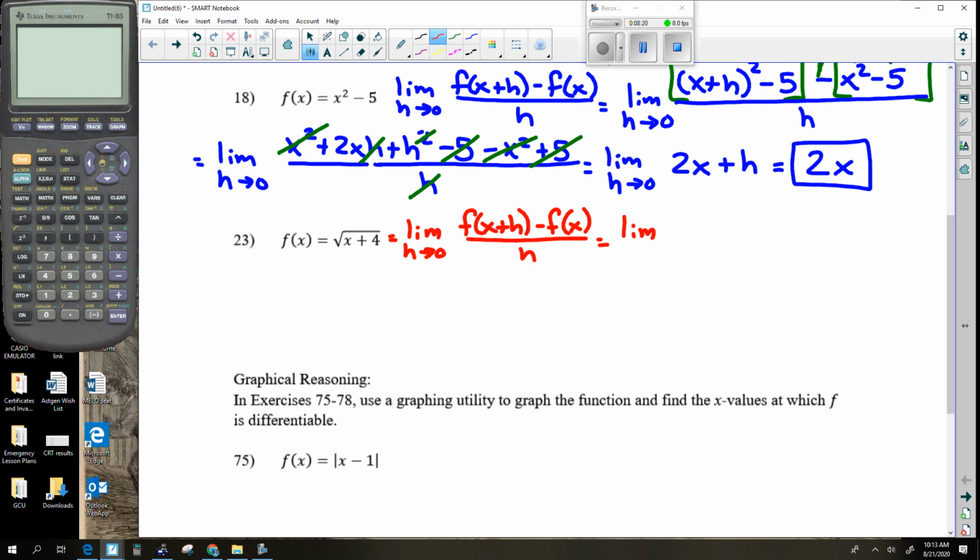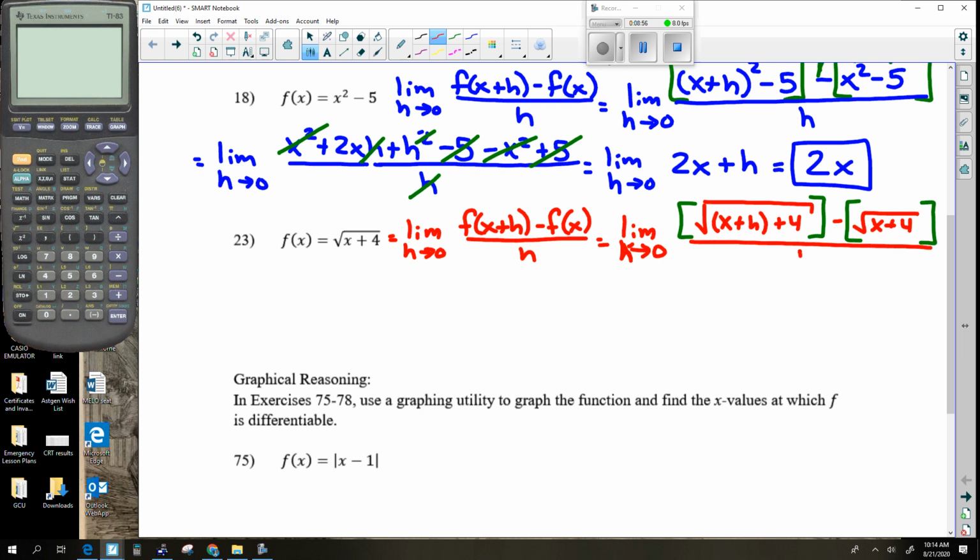So this is the limit as h goes to 0 of the square root of x plus h plus 4, minus f of x, all over h.